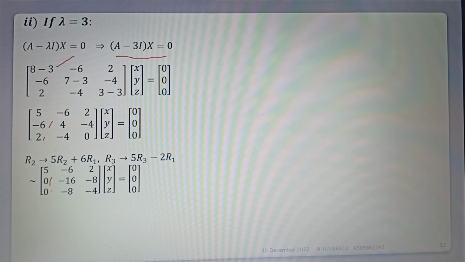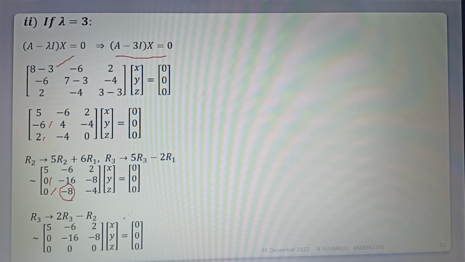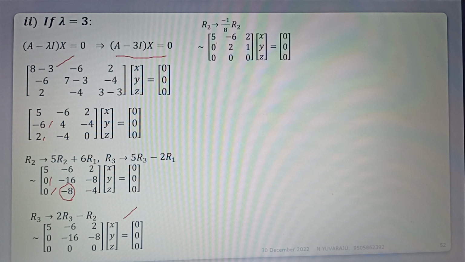Those two elements become zeros. Next, for this element to become 0, 2R3 minus R2. Then R2 divided by minus 8 for simplification. So that is 5, minus 6, 2; 0, 2, 1; 0, 0, 0.